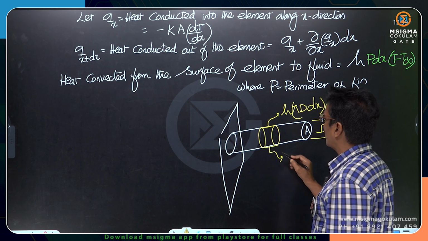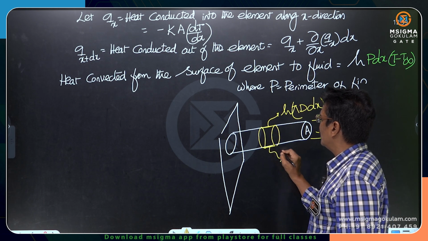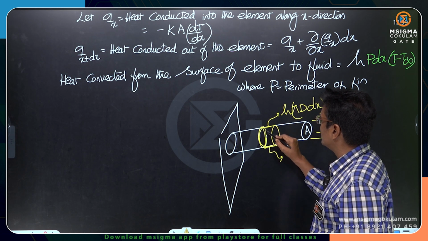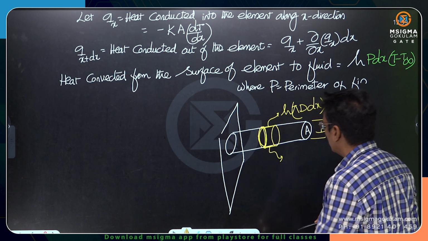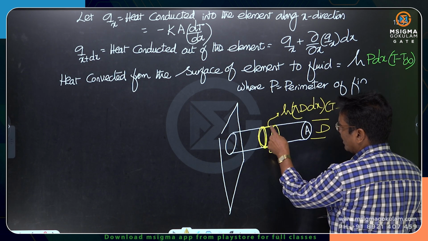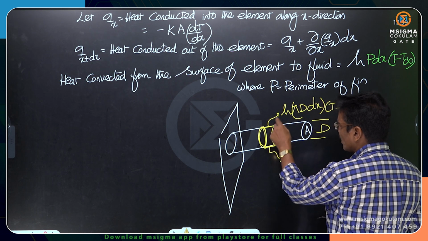This is the convection happening from the surface of the element. If D is the diameter, pi D is the perimeter, into dx, that is the convection area of the surface of the element from where the heat is being lost by convection.